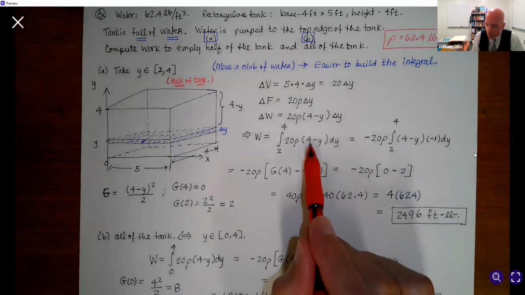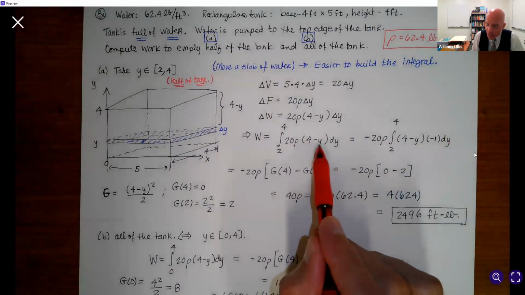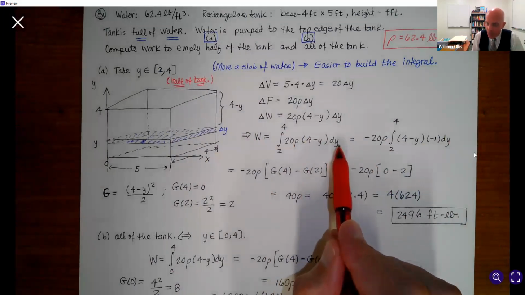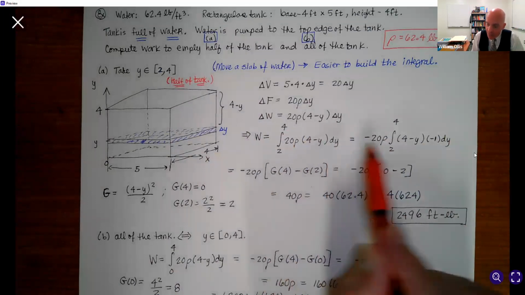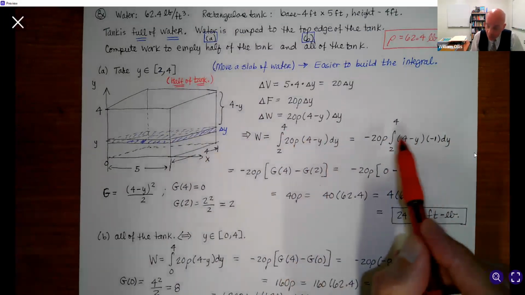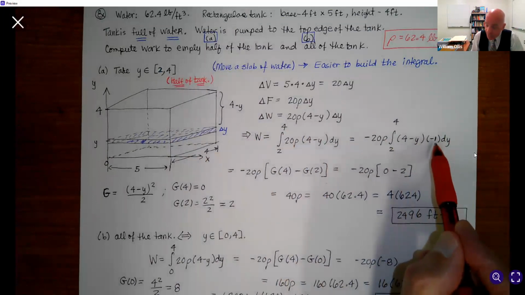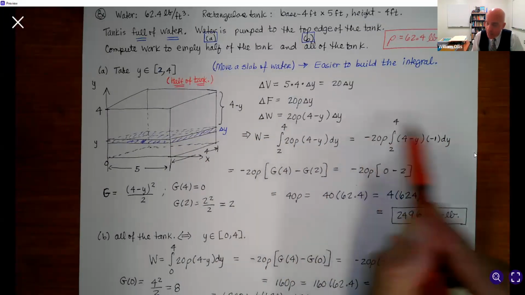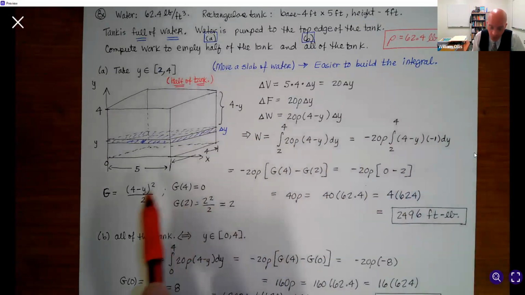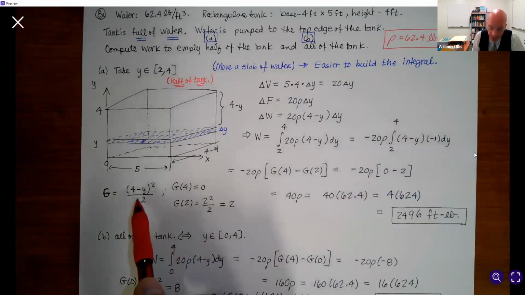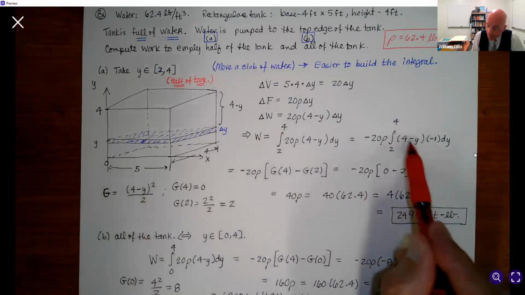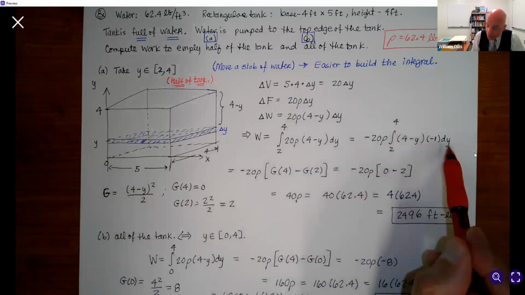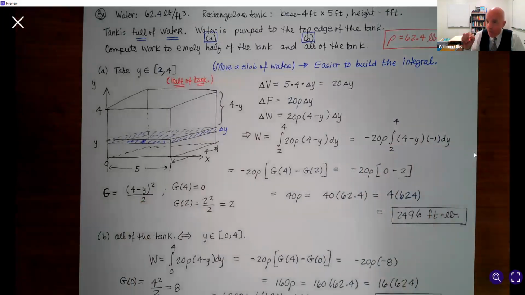Well, notice the 4 is not a problem, but the minus y is an issue because we don't have a negative dy here, we just have a dy. So to make this table ready, we simply put in the negative here for the negative y to get the right differential and then pay for it here. So that makes a table ready situation. So now, if you want to think of this as a u du, we just add 1 divided by the new power.